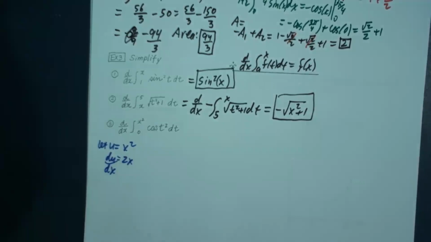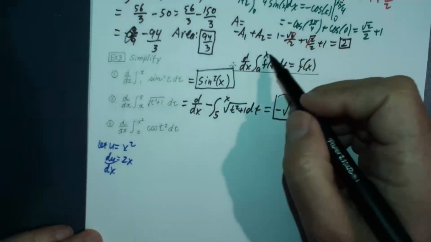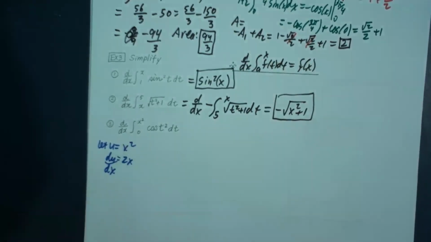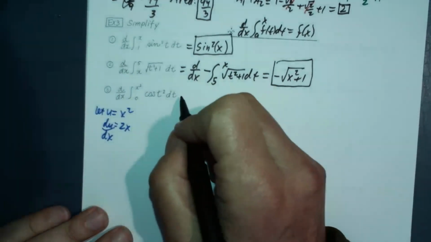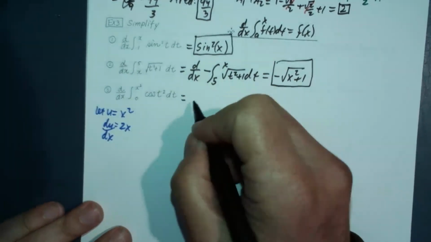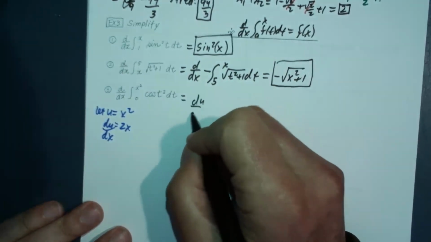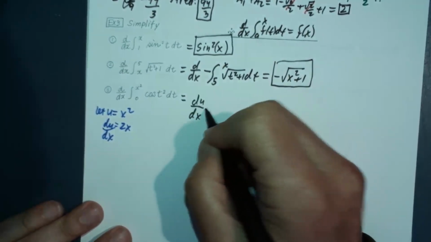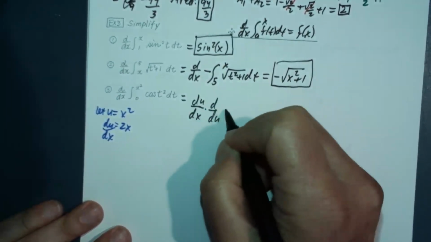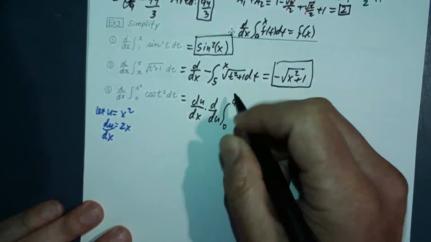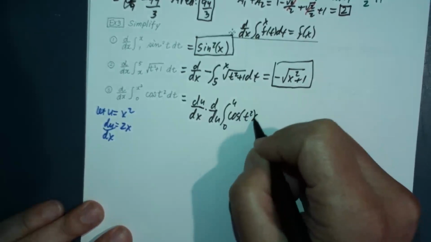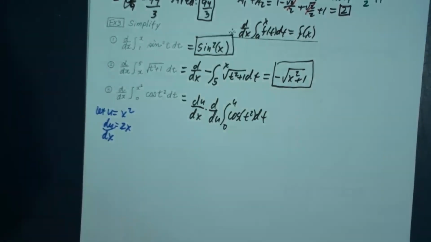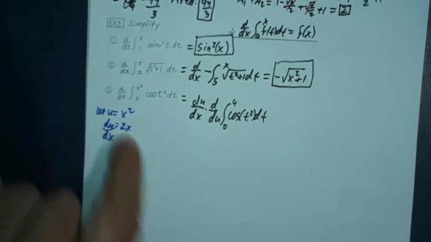And what we're going to end up with, because our theorem says it's just x, when we have some other function of x, we're going to get some extra wackiness going on there. So with that said, we're going to end up with du dx times d over du with the integral from 0 to u of cosine t squared dt. And du dx we have, that's 2x.